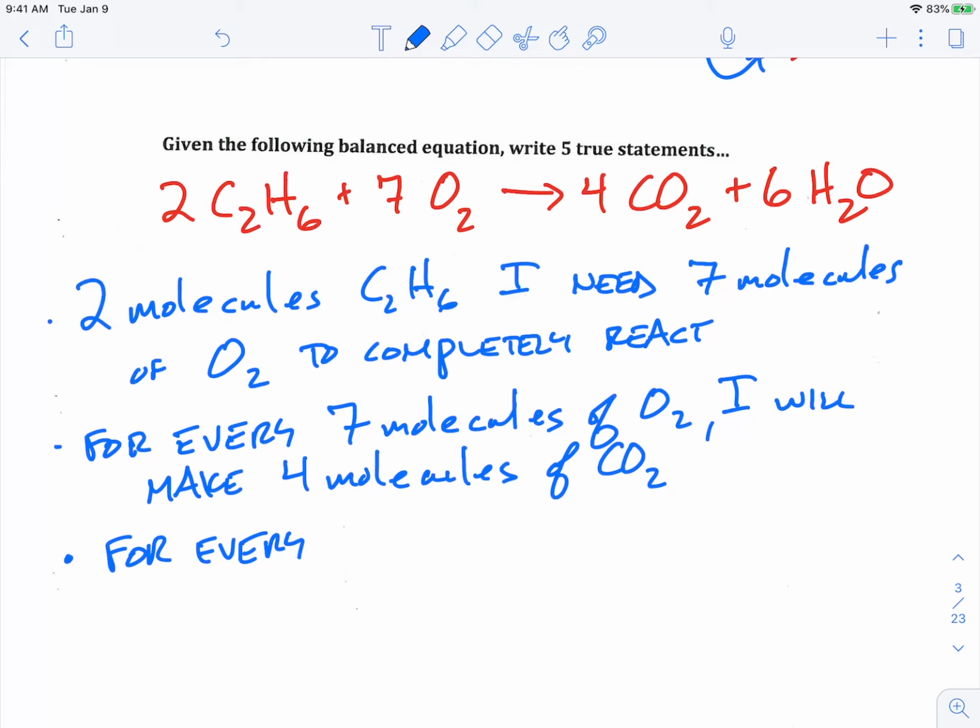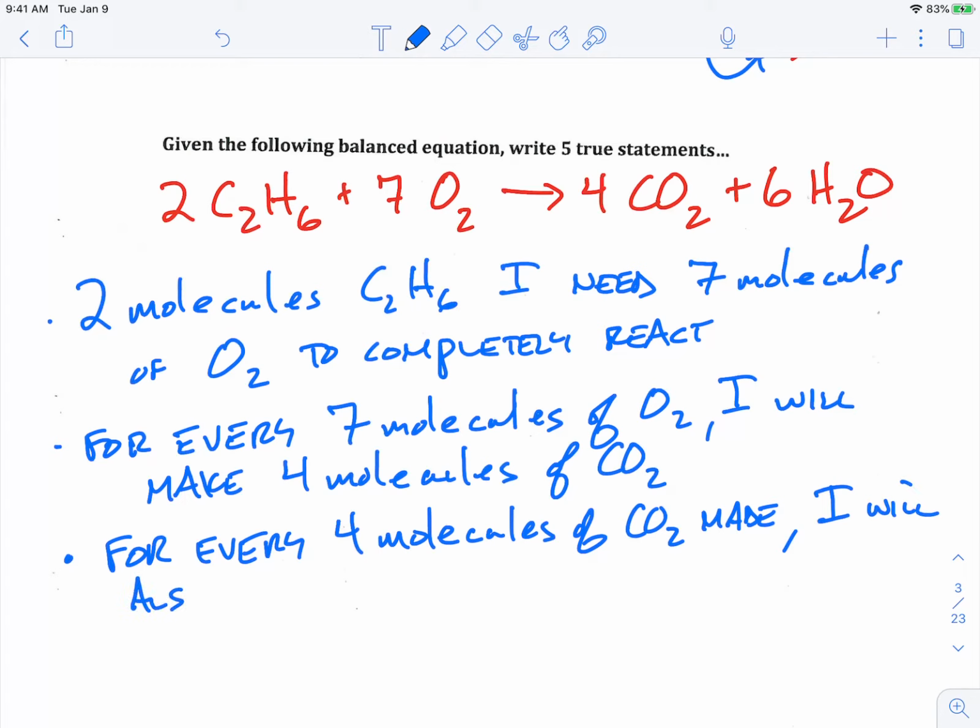So just writing that last part out: for every 4 molecules of CO2 made, I will also make 6 molecules of H2O.